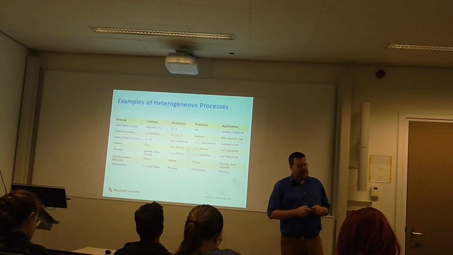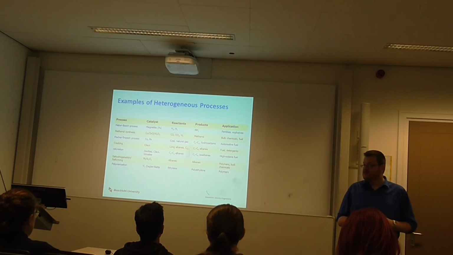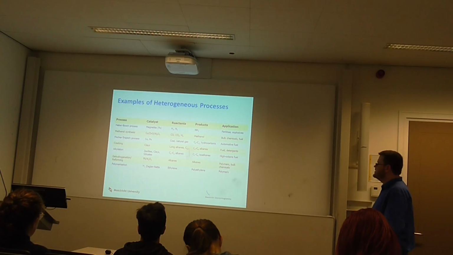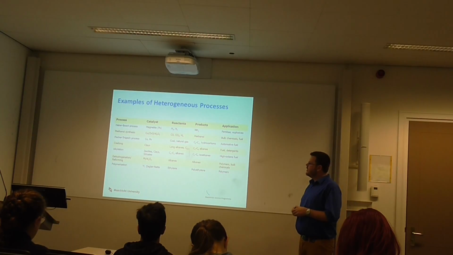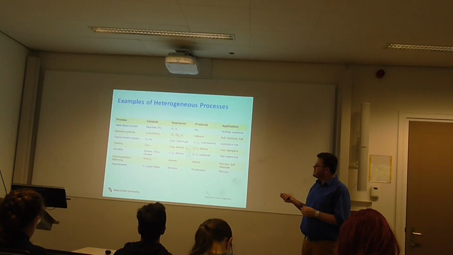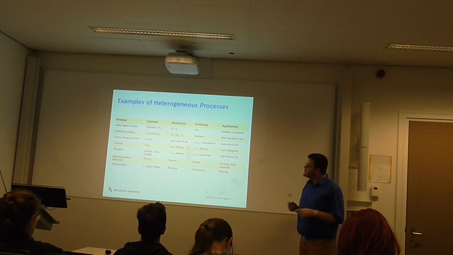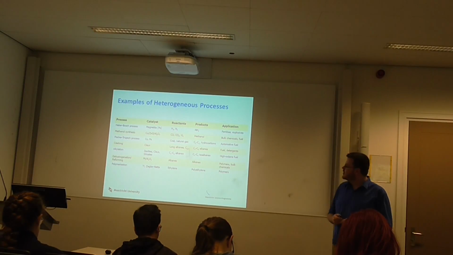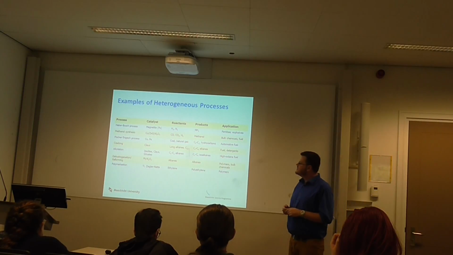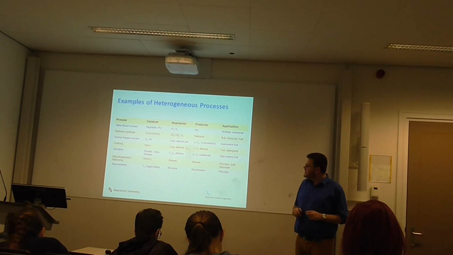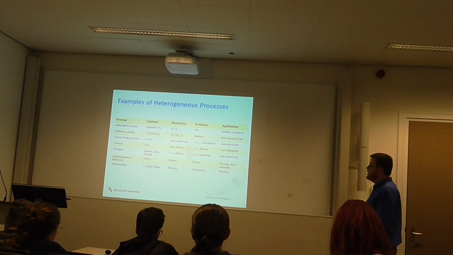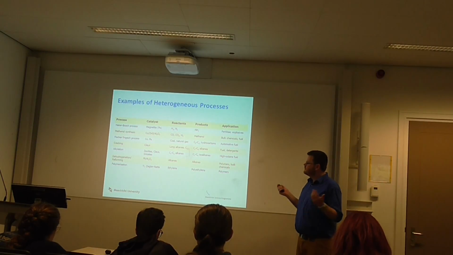Now, as I said at the beginning, heterogeneous catalyzed processes tend to be extremely important industrially. And as you can see in this table, several very important industrial processes are heterogeneously catalyzed. The Haber-Bosch process, as you can see here, catalyzed by some sort of an iron surface or iron oxide. Other metals work as well, in the synthesis of ammonia. And here are the important applications of these processes. Methanol, Fischer-Tropsch is a process, interestingly enough, very heavily developed in South Africa in the 1950s through to today.